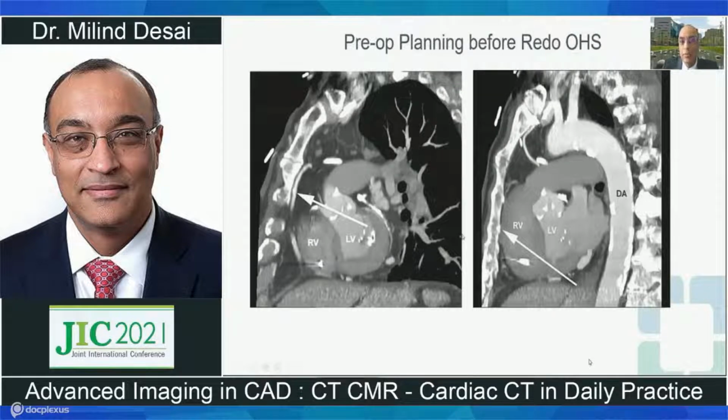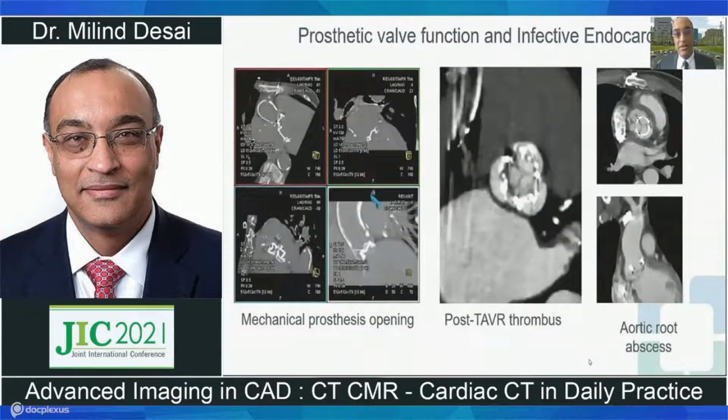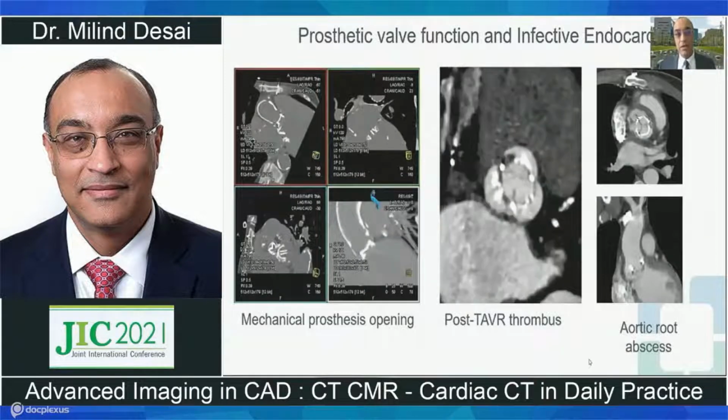So CT plays a huge role for that. Also, in addition to that, it can identify aortic calcification as well as whether other cardiac structures are attached to the chest wall, like the image on the right where the RV is tethered to the chest wall.